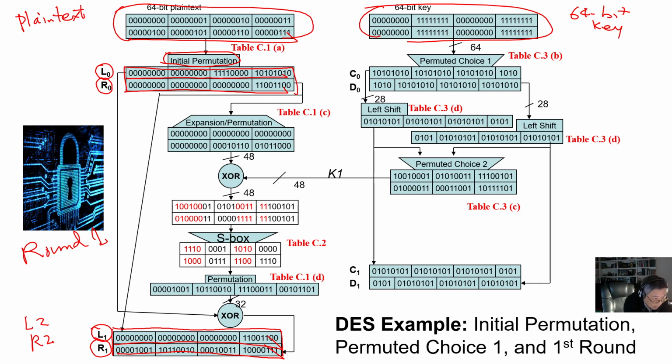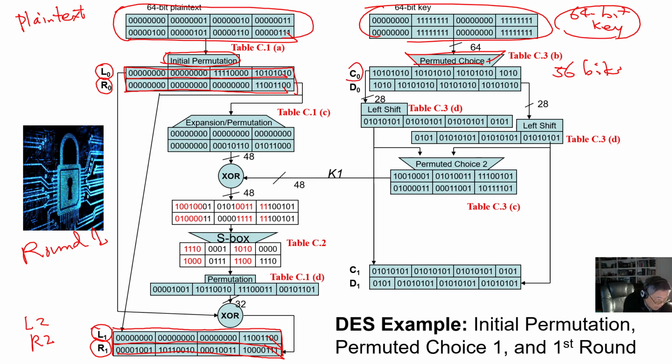Now for the key generation, the initial 64-bit key becomes 56 bits after the permuted choice 1 by eliminating 8 bits. Now we divide the 56 bits into 2 parts.